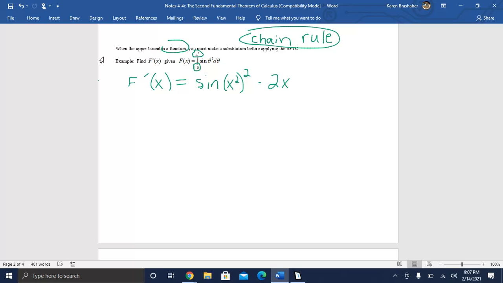This is the derivative of x squared, and that just multiplies there at the end. So f prime of x actually ends up being 2x times the sine of x to the fourth.